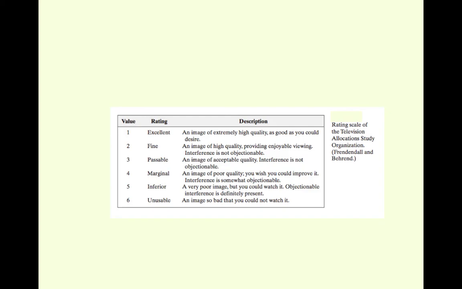Number 3, passable: an image of acceptable quality, interference is not objectionable. Number 4, marginal: an image of poor quality, you wish you could improve it, interference is somewhat objectionable. Number 5, inferior: a very poor image but you could watch it, interference is definitely present. Number 6, unusable: an image so bad that you could not watch it.